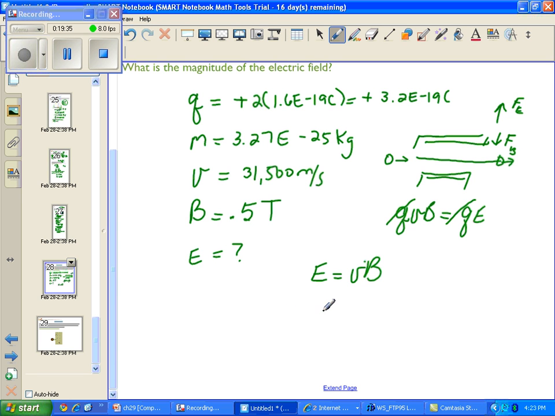Very simple. We know v is 31,500 meters per second. B was given as 0.5 tesla, and therefore E must equal 15,750, which we can round to 3 significant digits as 15,800 newtons per coulomb.